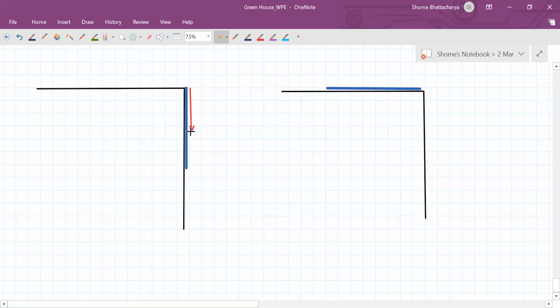if we now consider a small element which is at a distance y from the top, so consider a small section dy. This section is like a particle, and it has a mass dm, which is lambda into dy, where lambda is the mass per unit length of the entire chain.